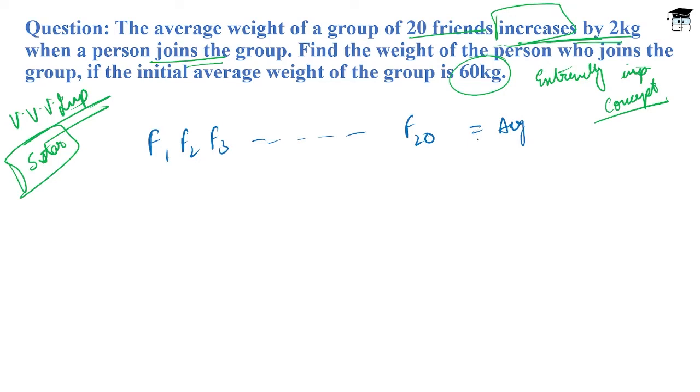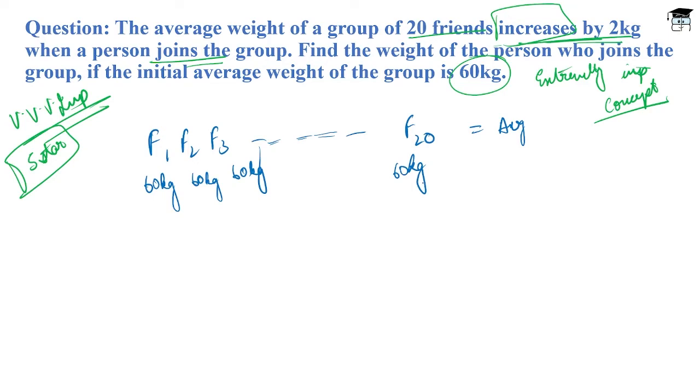Find the weight of the person who joins the group if the initial average weight of the group is 60 kg. If initially it is 60. Now this means initially, their weight was 60 kg, 60 kg, 60 kg. All of them had 60 kg.